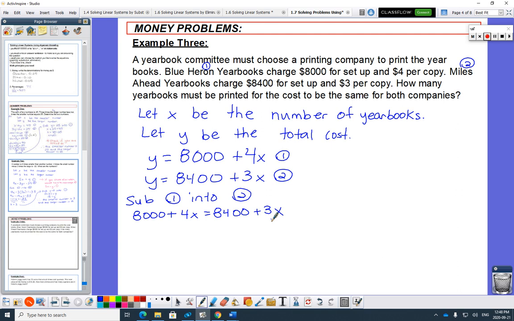One thing you can't do with these kinds of questions is trial and error. You have to write 2 equations, okay? So I'm going to bring the 3x over and this over here.